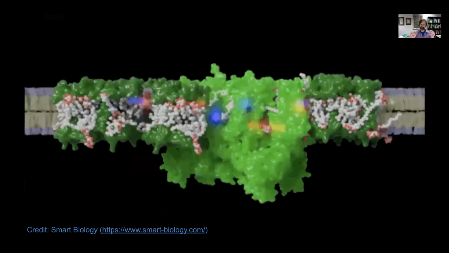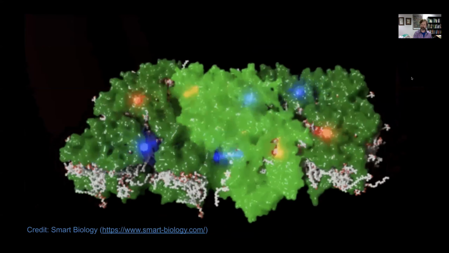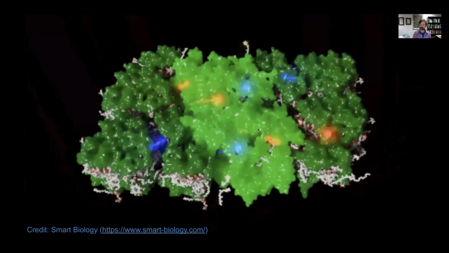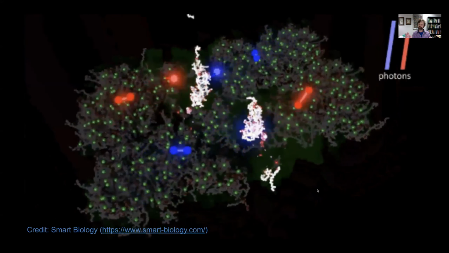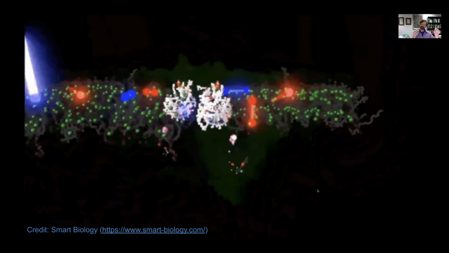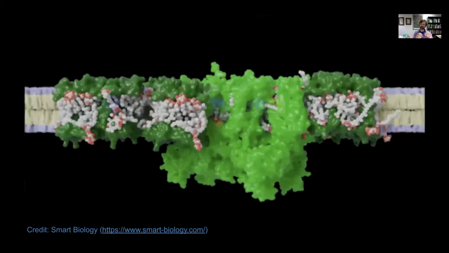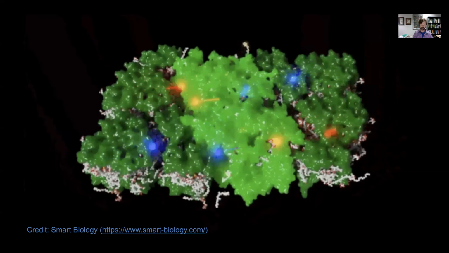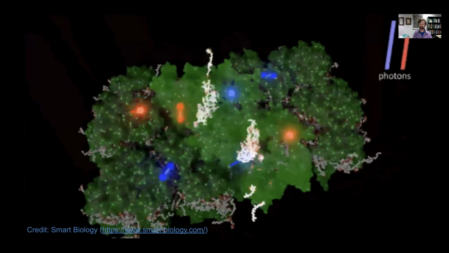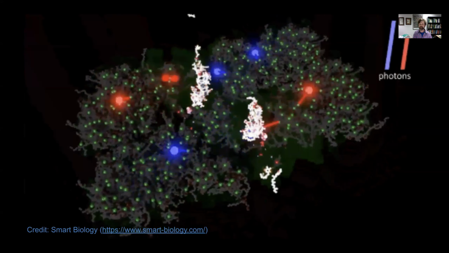And these little zigzaggy movements of the light pulses, that's the antenna or accessory pigments passing the light energy between themselves, moving closer and closer to this central reaction center. Pretty cool.